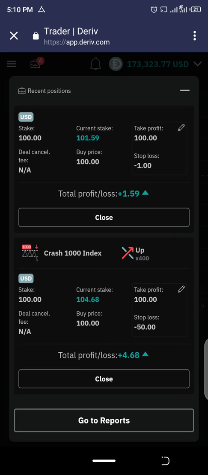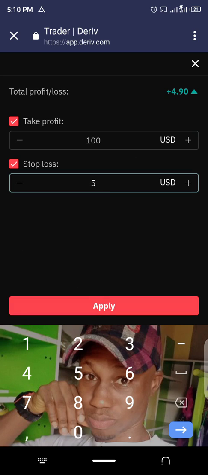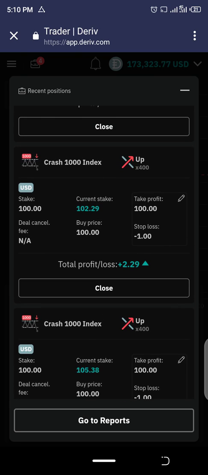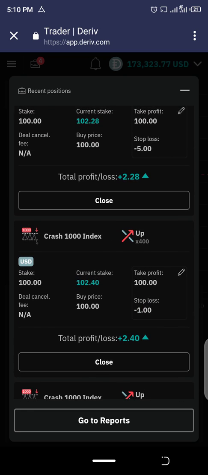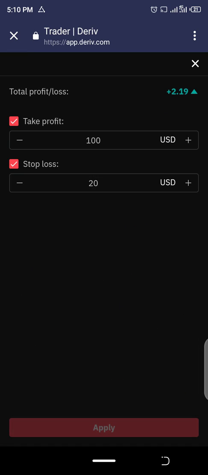If you have traded boom and crash, you know there's a way it operates. Even if you put a stop loss, when it crashes, the volume at which it crashes normally affects whether it crosses beyond the stop loss amount. So I wouldn't know. This is just for testing's sake.